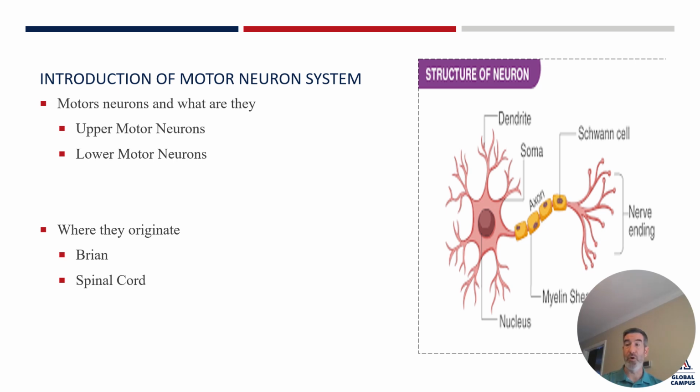The upper and lower motor neurons form a two-neuron circuit in which the upper motor neurons originate in the cerebral cortex and travel down to the brainstem and spinal cord. The lower motor neurons originate in the spinal cord and go on to innervate, which means supply, muscles and glands within the body.